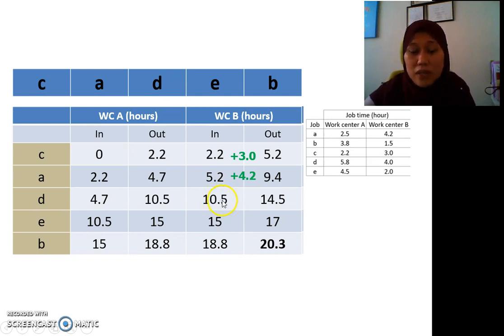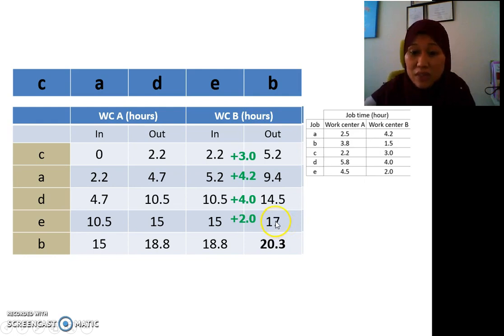Again we check here. D is 4, so 10.5 plus 4 gives 14.5, and workstation B finishes at 14.5, but job E is still working in workstation A, so work center B will wait, idle, not doing anything, until 15 hours. At 15 hours, job E comes into workstation B, and the processing time for E is 2, so we get 17.